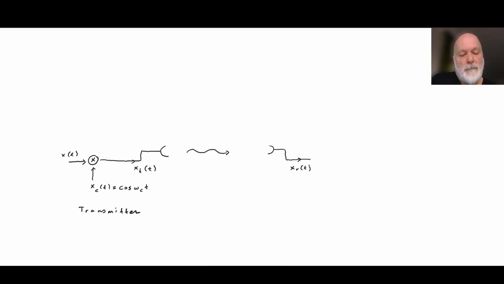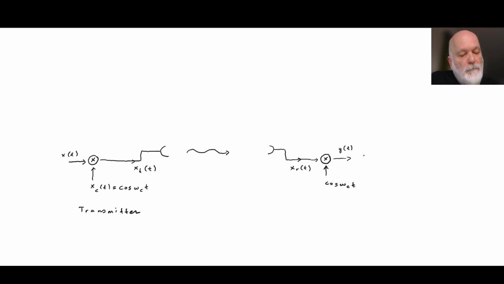Remember, the received signal is the transmitted signal multiplied by a certain constant which accounts for the transmission losses. And the received signal will be next multiplied by again the cosine signal, the carrier signal, cosine omega c t once more, and we obtain the signal y of t.